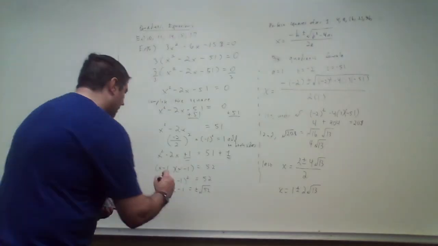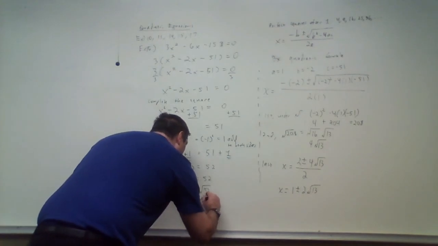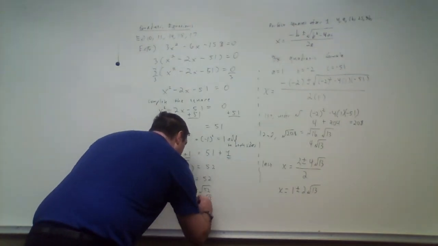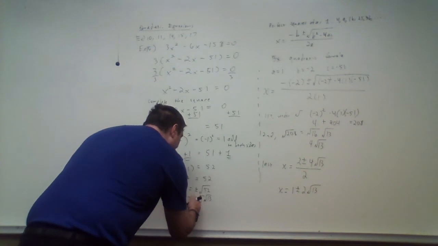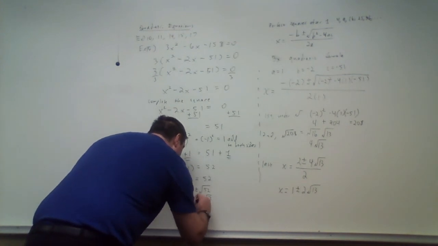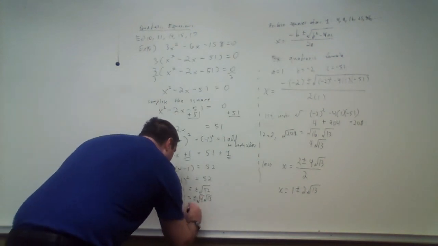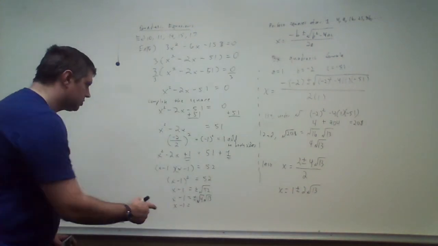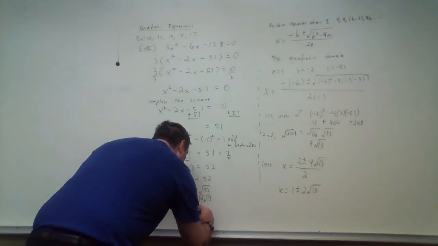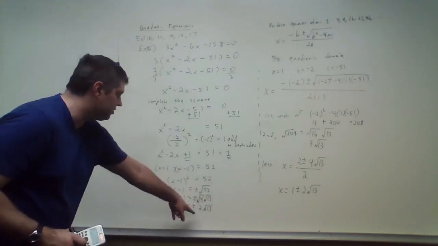Okay, so x minus 1 equals plus or minus the square root of 4 times 13, and that gives me x minus 1 equals, square root of 4 is 2, so plus or minus 2 square root of 13.